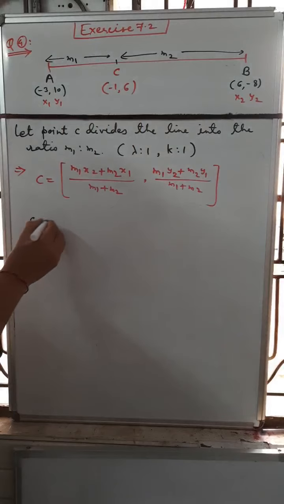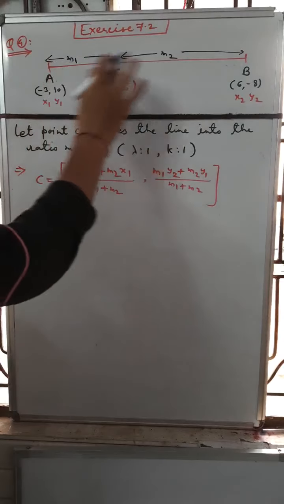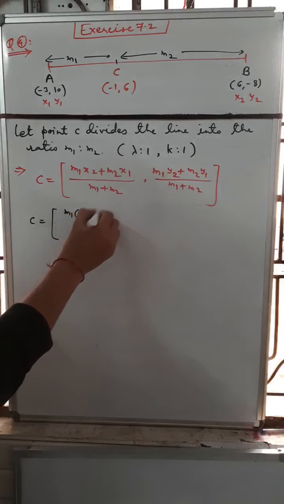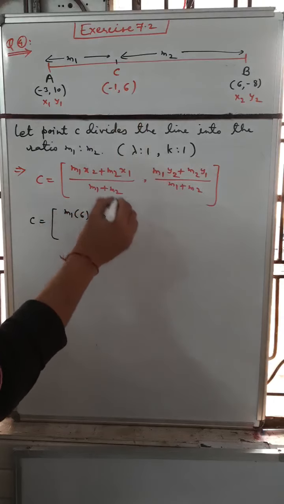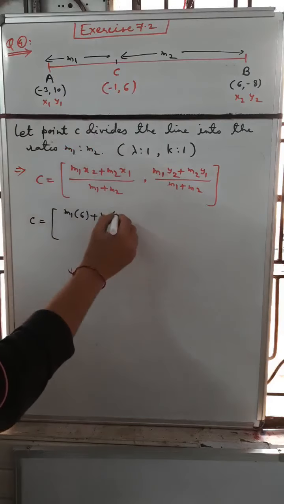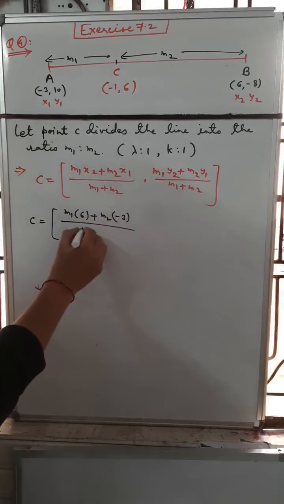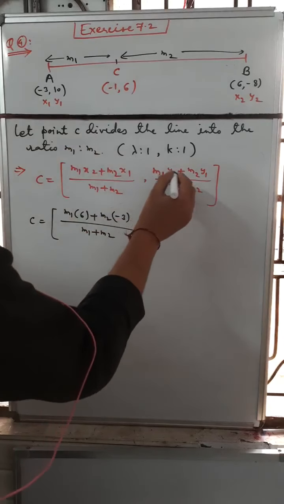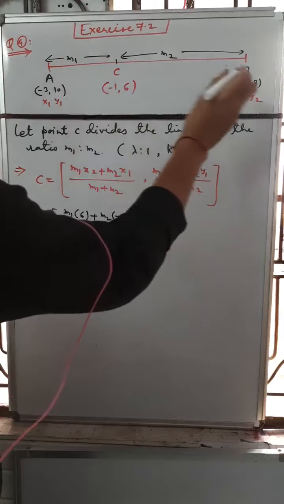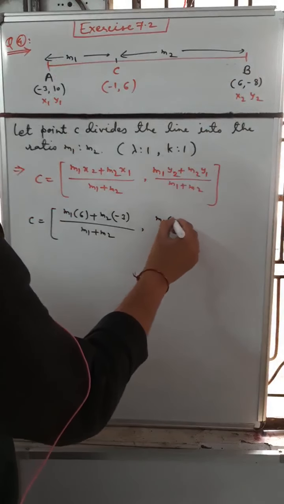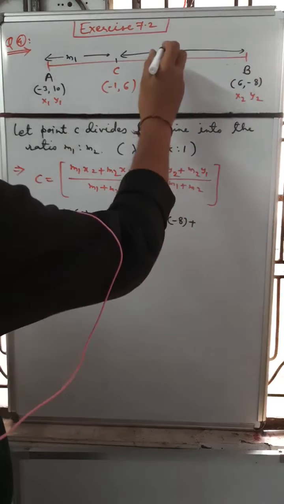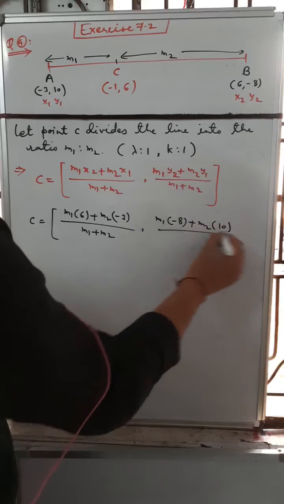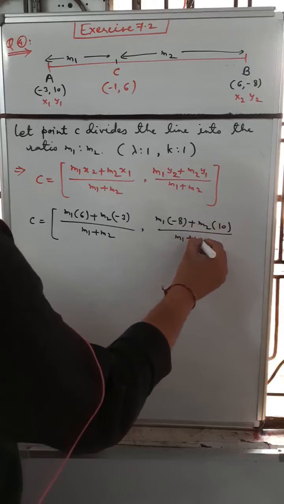So C is equal to m1 into 6 plus m2 into minus 3, upon m1 plus m2, comma, m1 into minus 8 plus m2 into 10, upon m1 plus m2.